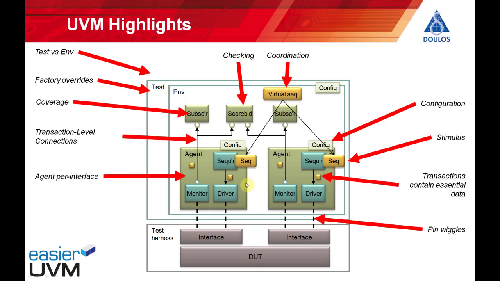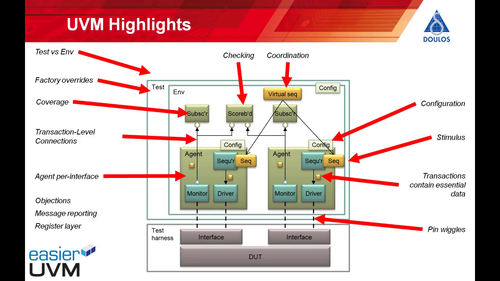And if you want to modify the behavior or structure of the agent or the sequences, you can do that by extending the classes that represent those components or sequences, and then using factory overrides in the test by replacing the original classes with your new extended classes. And that's a key mechanism in UVM that allows verification component reuse. It really is very flexible.